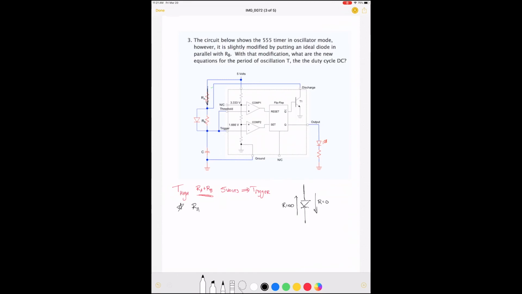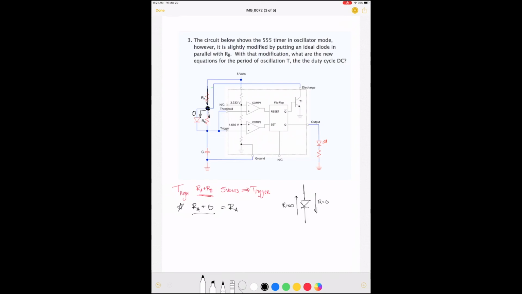It will be RA plus, and then when we get to this node up here, we can go through the resistor or through the diode. But like we just talked about, going down through the diode this way will have 0 resistance. And because it has 0 resistance, these two will combine in parallel to equal 0. And so the new equation for T high, instead of using RA plus RB, we'll just use RA.